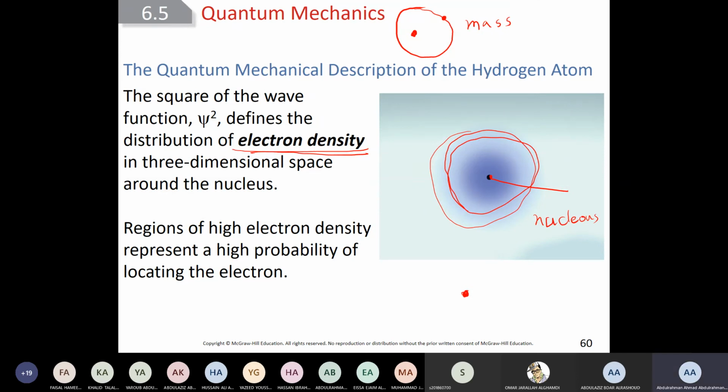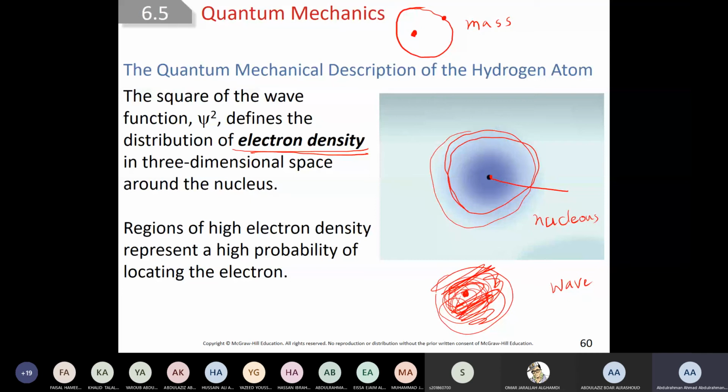Around it. It's light actually around the nucleus. It's exactly like when you turn the light on in your room, where does the light go? In the room.